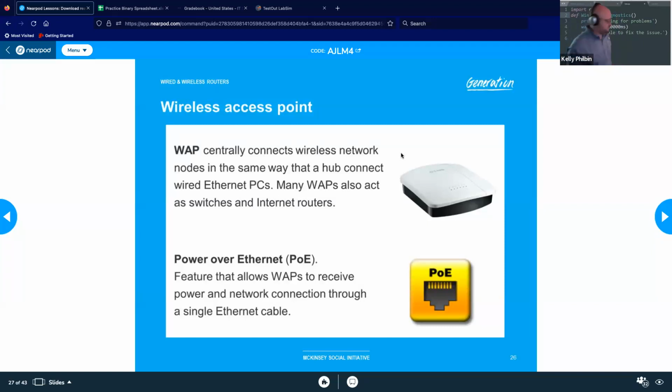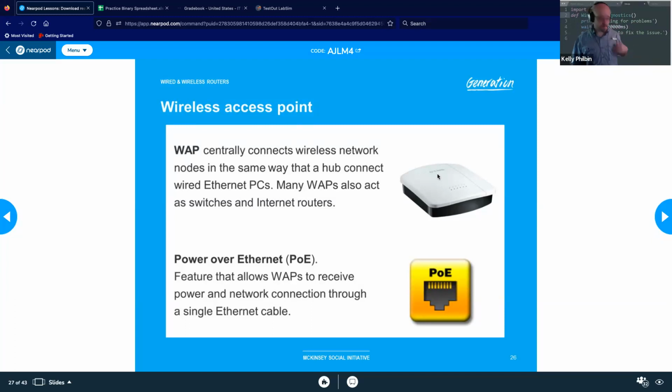So somebody figured out, since we can push power over copper wires, not just data, we can actually power these devices through the Ethernet cables that we use. They developed a technology called PoE, which is power over Ethernet. That allows these wireless access points that you see in the roofs of a lot of buildings to receive the power they need to function through the Ethernet cable.